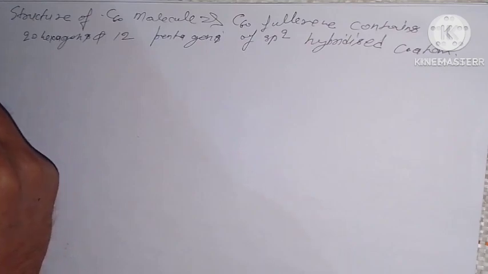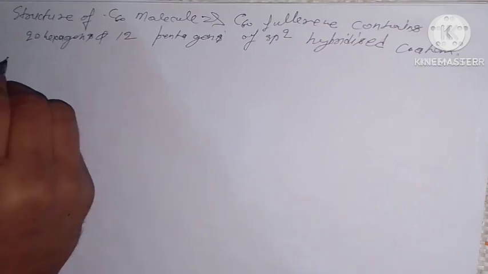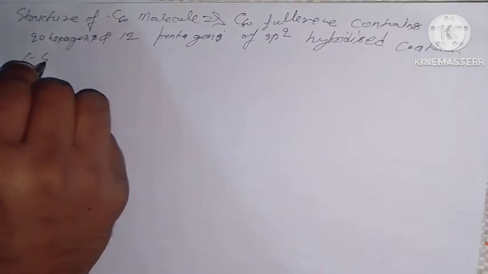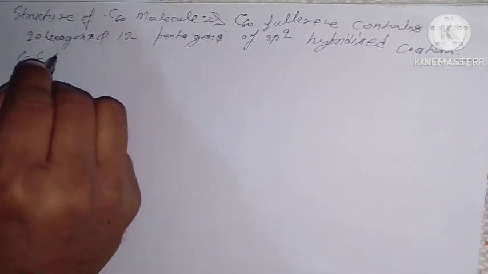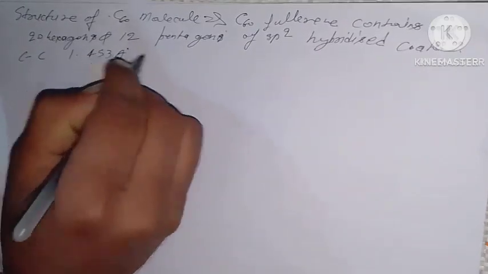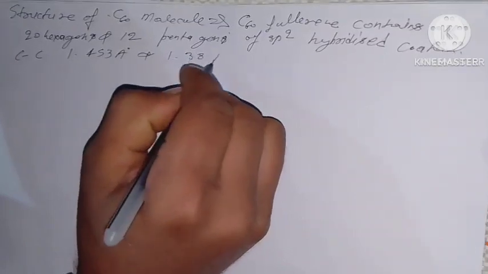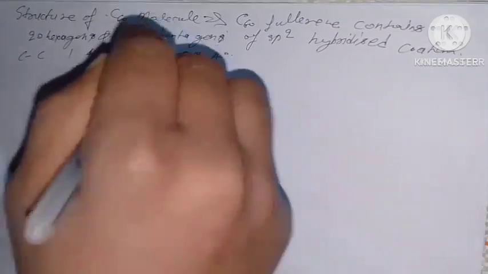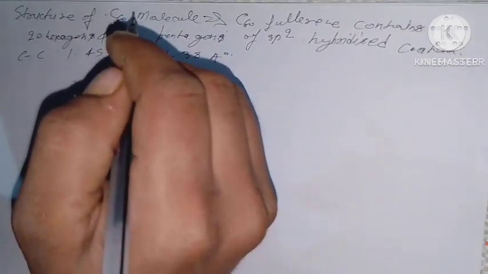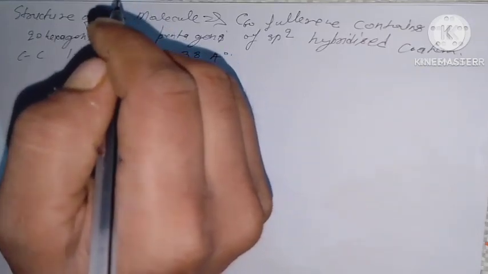In carbon 60 there are both single and double bonds with carbon distances of 1.453 angstrom and 1.38 angstrom respectively. Carbon 60 is a strained molecule but it shows great kinetic stability.